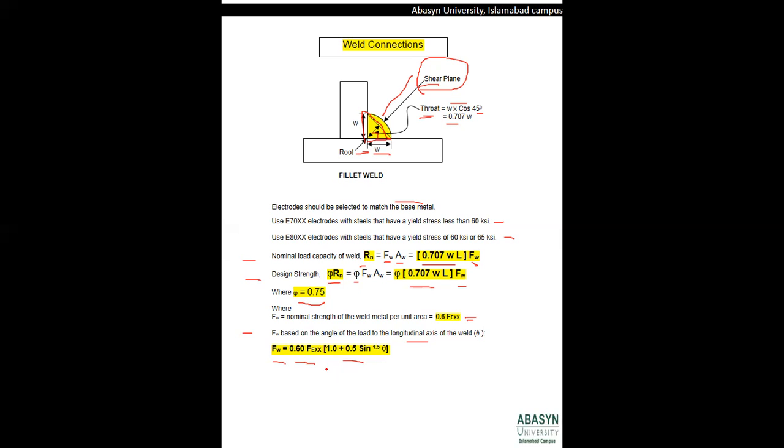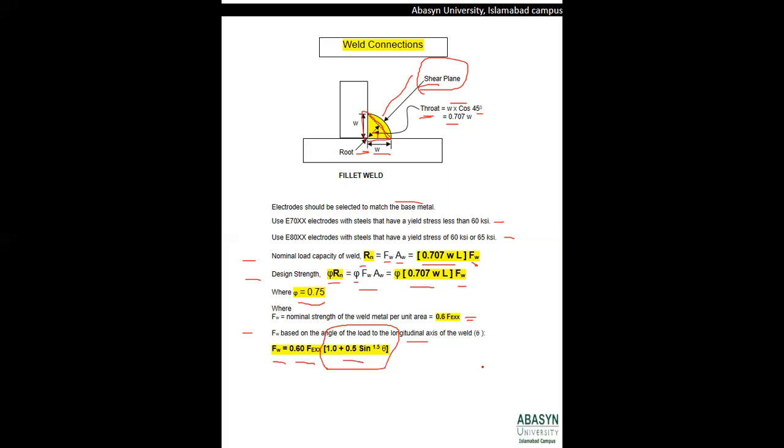This additional factor in the bracket is used when we have carried out welding at an angle in the shear plane. So these are the two or three basic formulas that we are going to use to calculate the nominal design strength of the weld.